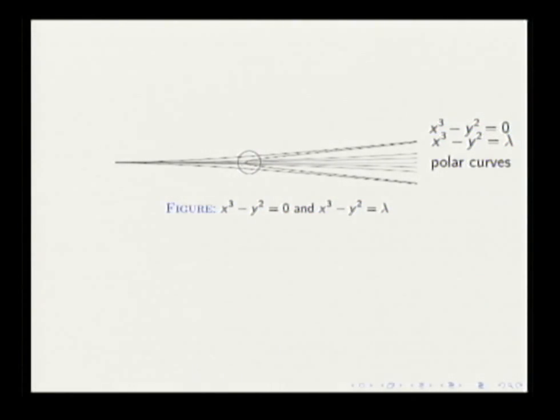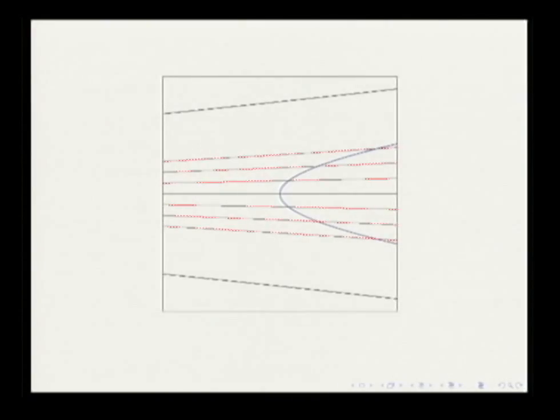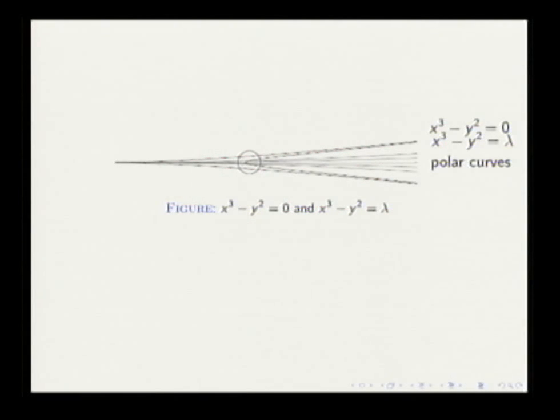You have one f equals lambda, of course, we didn't draw all the levels because then the picture would be confused. And you have a bunch of curves here which have the same tangent at the origin as the polynomial x3 minus 2 equals 0, and which are polar curves.